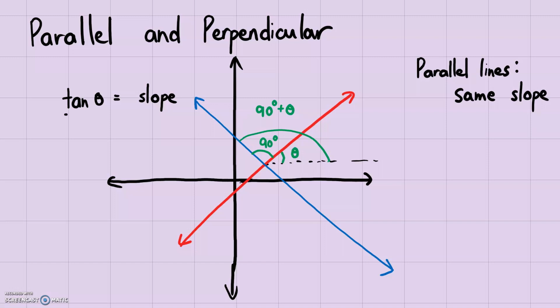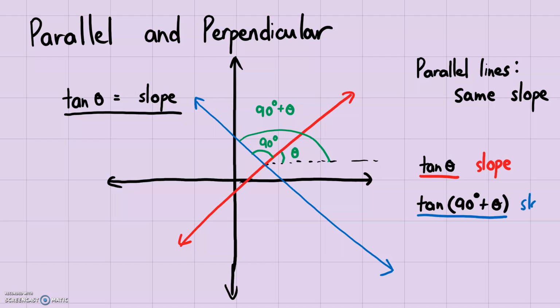Now, using this rule, tangent of the angle of inclination will give you the slope. You can say that the slope of the red line is going to be tangent of theta. For the blue line, we're going to have tangent of 90 degrees plus theta. That's going to be the slope of the blue line.